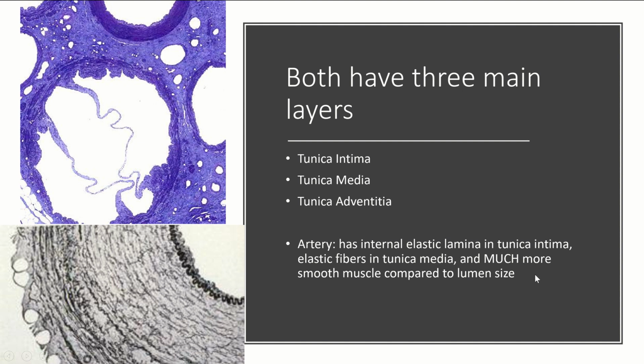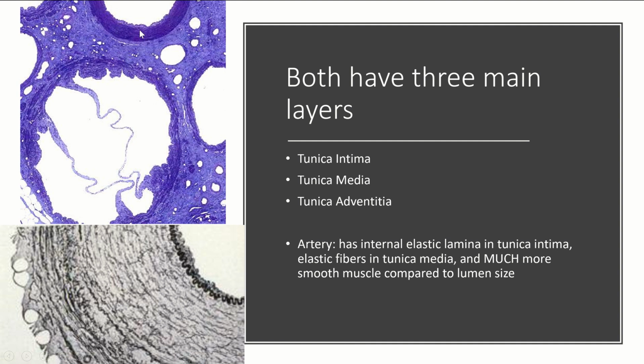And the way that helps me differentiate between the two is arteries have much more smooth muscle in them compared to their lumen size, okay? That smooth muscle helps to create a regularity in these arteries, and it holds them open.